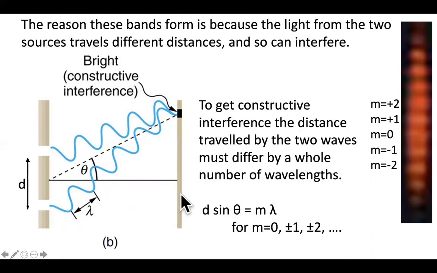The extra distance traveled by, say, this wave is given by this parameter, d, the separation between the two slits, times the sine of this angle theta. When that difference in the distance is an integer times the wavelength, so it's 0, plus or minus 1, plus or minus 2, etc., you get constructive interference. You get a bright signal.